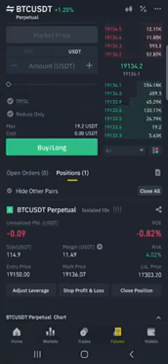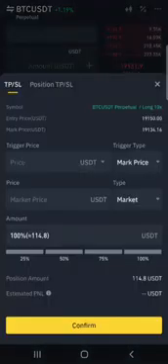Let us now set our profits, right? Our stop profit and loss. For us to do that, let's click here on the center. We bought, our entry price was 19,150. So we are going to sell it at a price that is far higher than the current price, right? And the current price is 19,125.